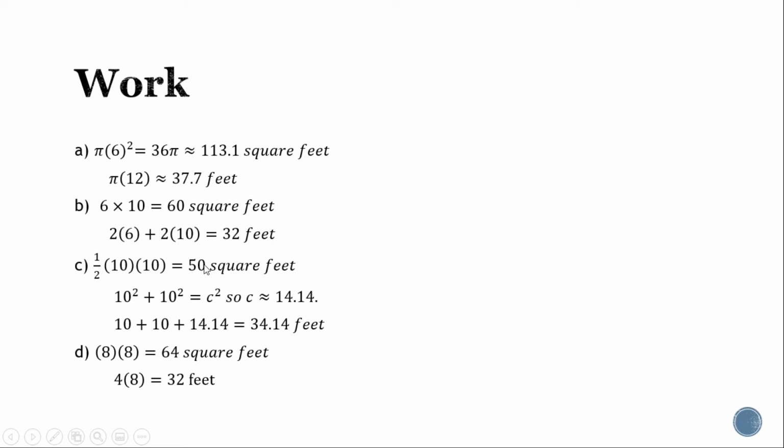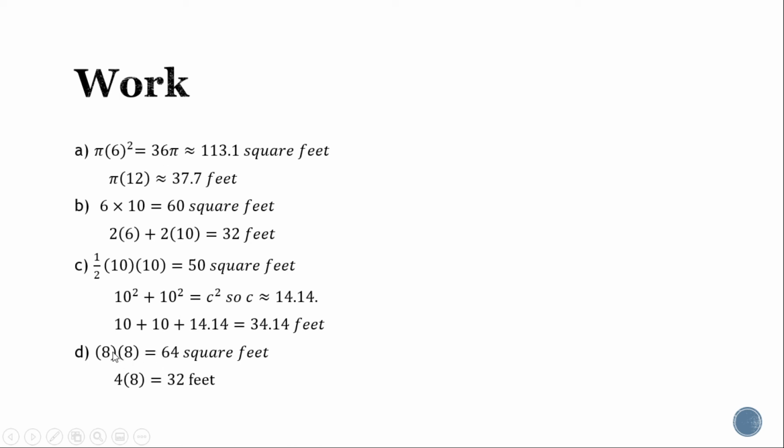And this one gives us 50 square feet, 10 times 10 is 100, not 20. That was me adding in. Divided by 2, this is 50. And then to find the perimeter, we have to use the Pythagorean theorem. Then we find side C, add them together, and we get 34 feet. So C and A are impossible.